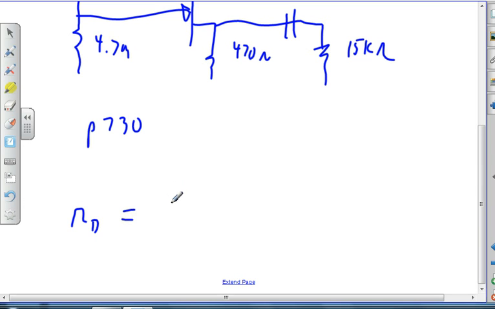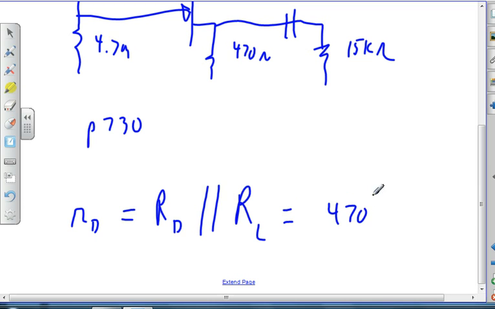Okay, so R big D is RD in parallel with RL, 470 ohms in parallel with 15k ohms.